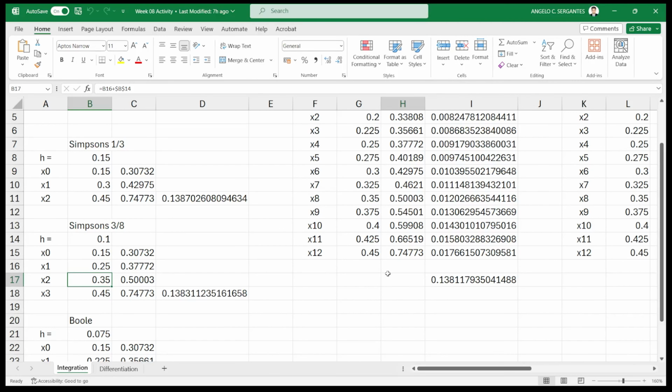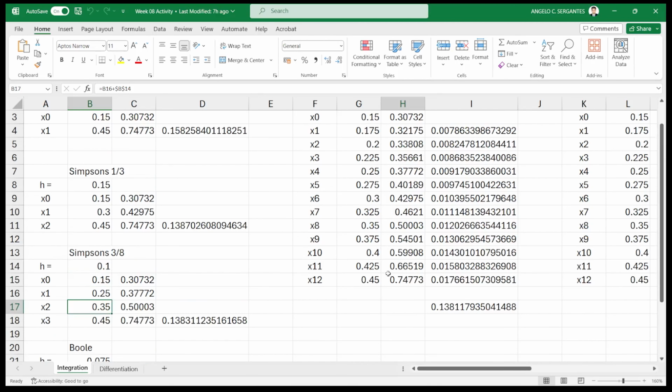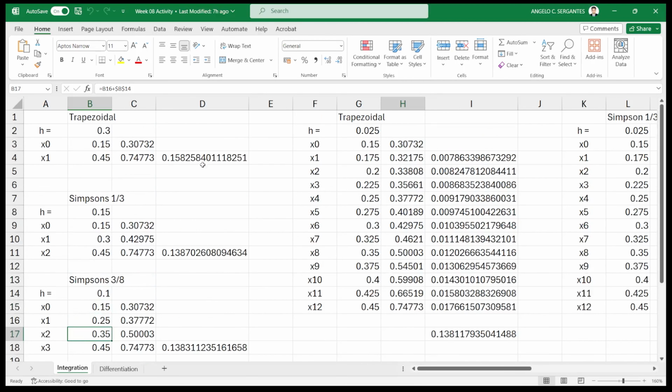In order for us to check if the answer is correct, we incorporate solving this problem using an Excel file, or using the Excel program.